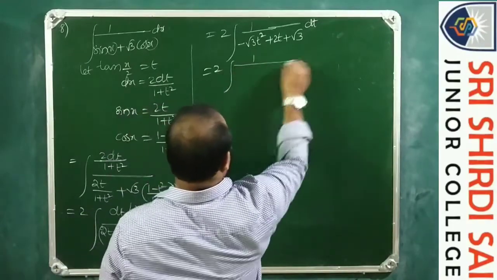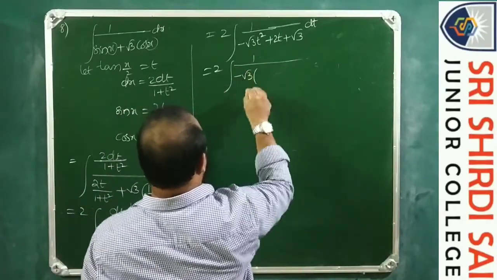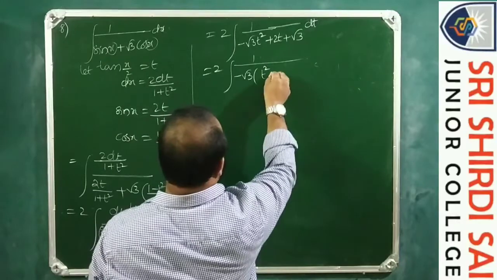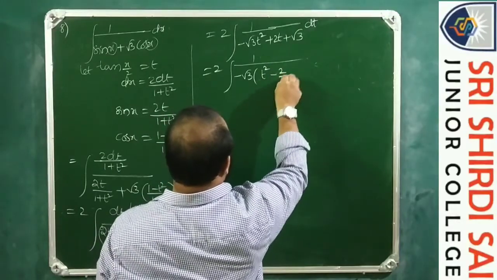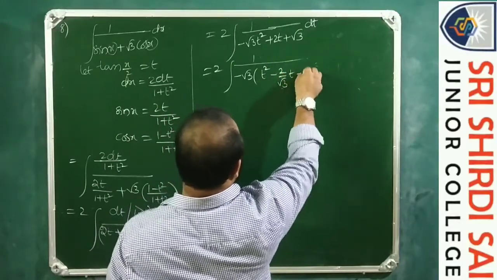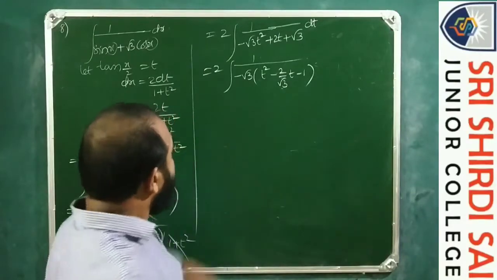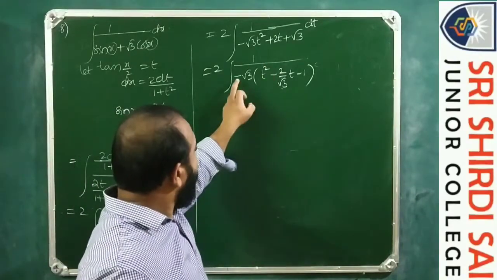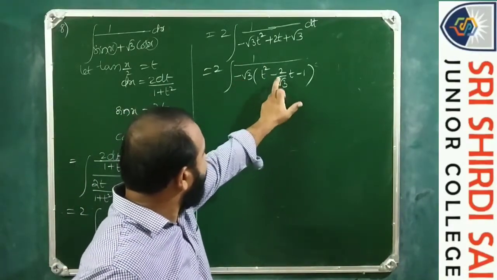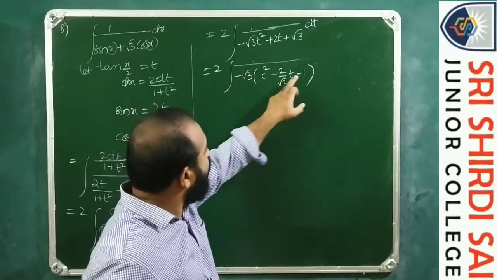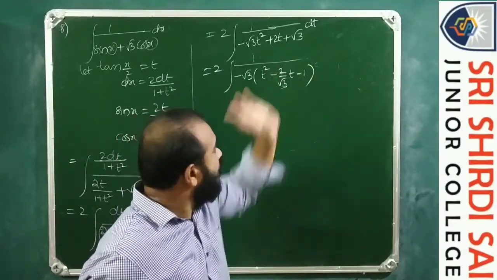So 1 by minus root 3 you take common, then t square minus 2 by root 3 t minus 1. Minus root 3 t square, minus into minus plus, root 3 gets cancelled, 2t, minus into minus plus root 3 into 1, root 3 dt.